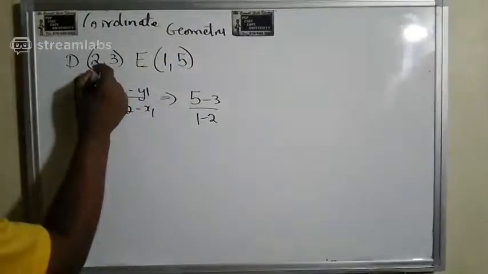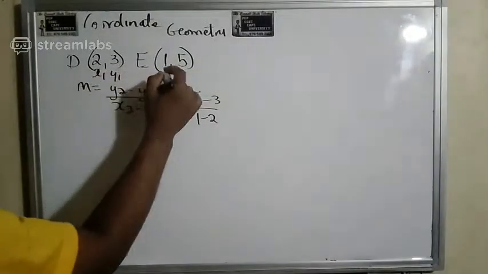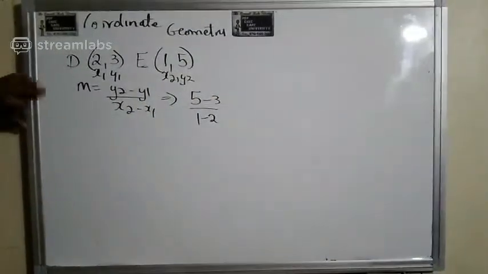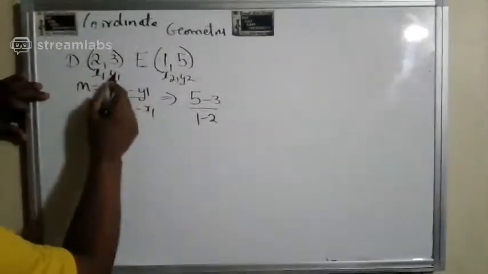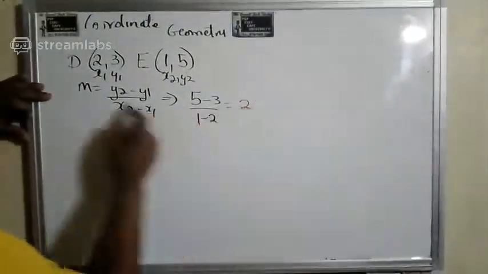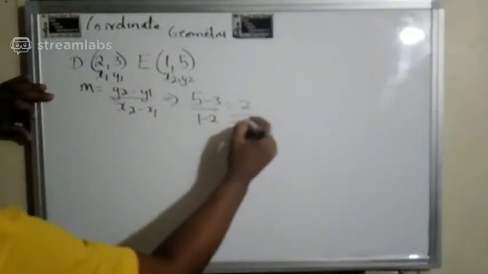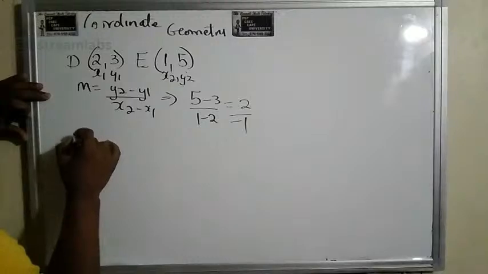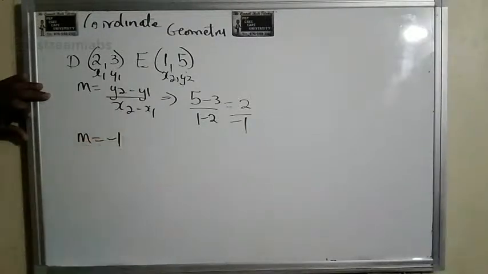I'm just labelling x1, y1, x2, y2, because some people need to see it. So this is 5 minus 3, so we get 2, and this is 1 minus 2, so this is minus 1. So the gradient is negative 1. So m is equal to negative 1.